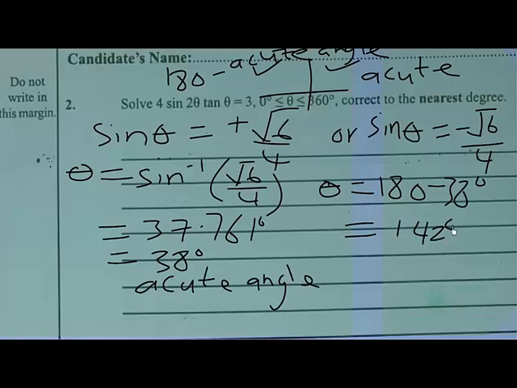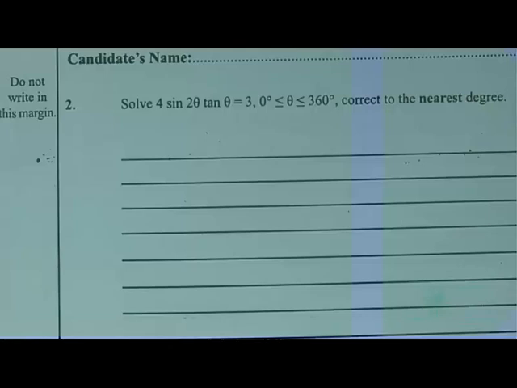Then for the negative value of sine theta, we have sine theta equal to negative root 6 over 4. What it is telling us is that theta is now in the fourth and the third quadrant.